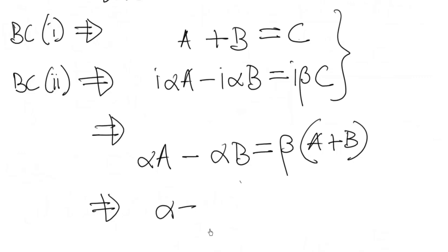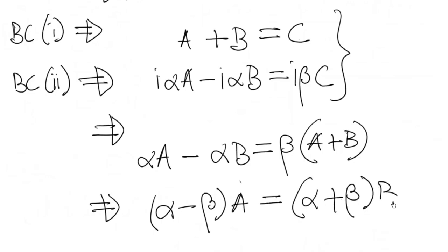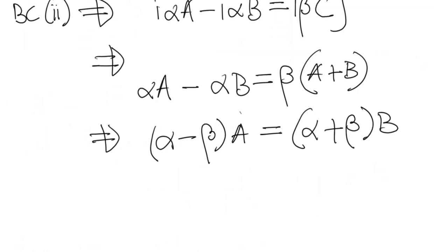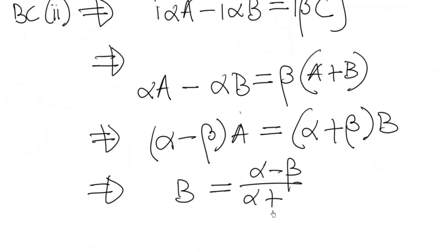So we have (alpha minus beta) times A equal to (alpha plus beta) times B. From this we see that B, the amplitude of the reflected wave, is (alpha minus beta) divided by (alpha plus beta) times A.